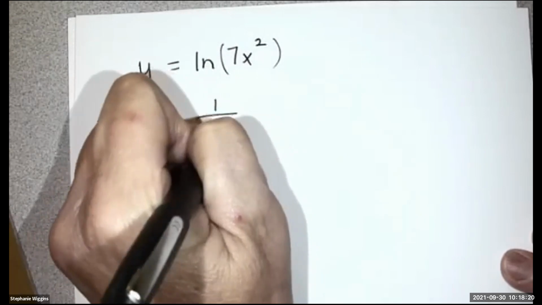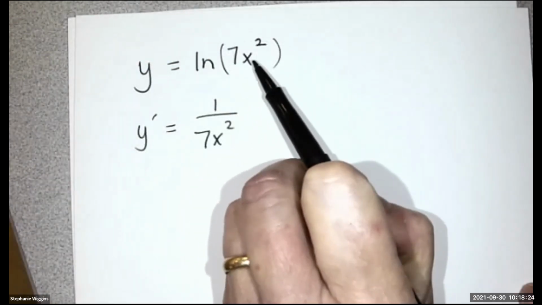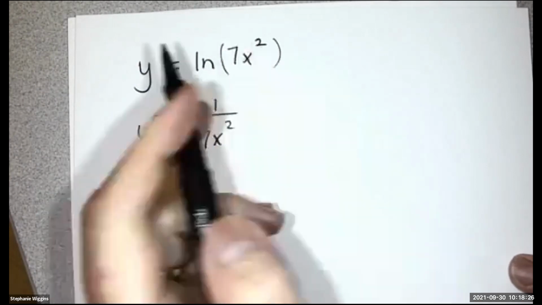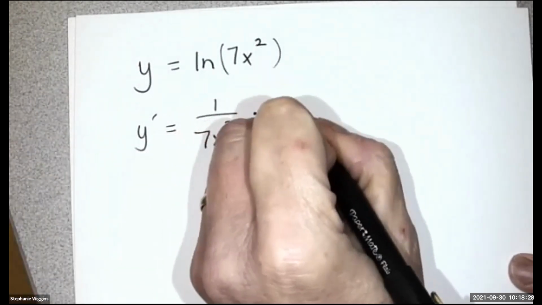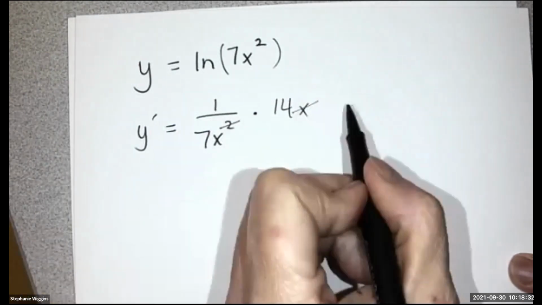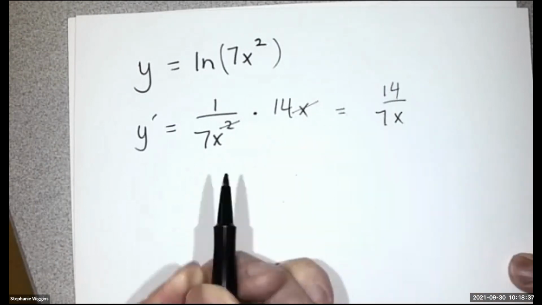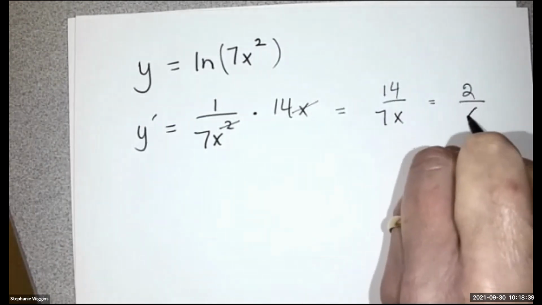So you take the reciprocal, and then because this is not just plain old x, you have to multiply by the derivative of the inside. So you're going to multiply by 14x. And then this x will cancel with one of these x's. And so you just have 14 over 7x. 14 divided by 7 is 2 over x.